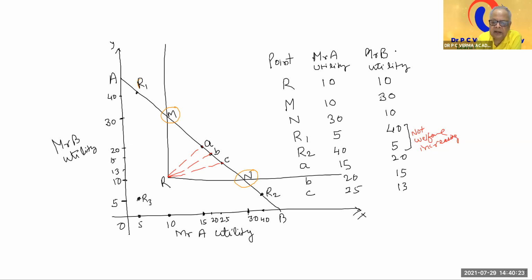And here 10 and this is 30, either 30 or 10, welfare increasing.